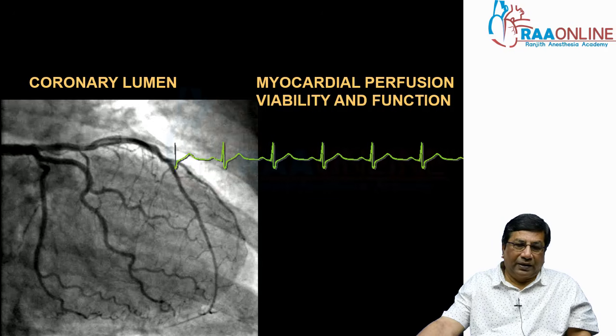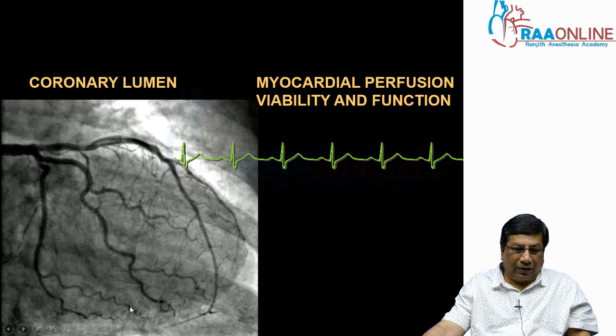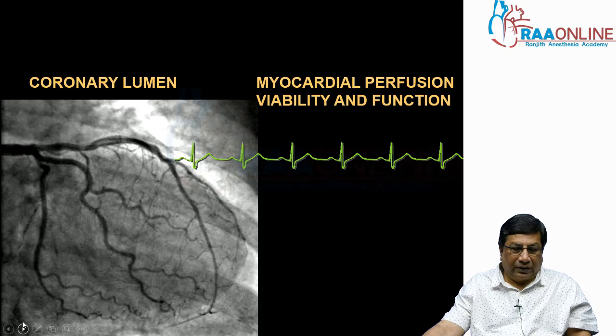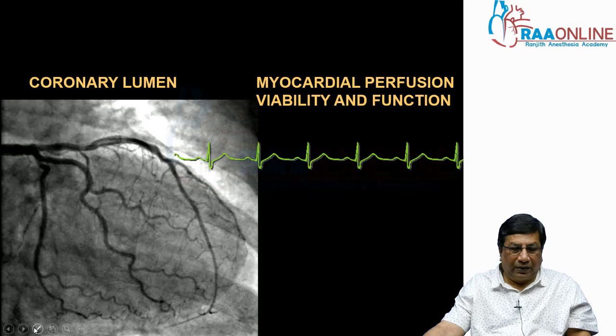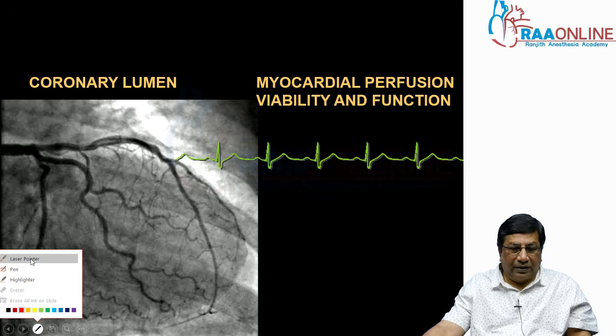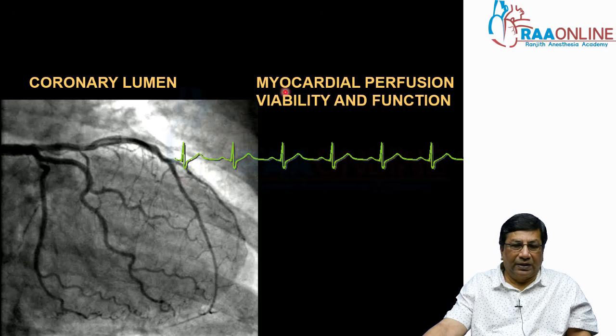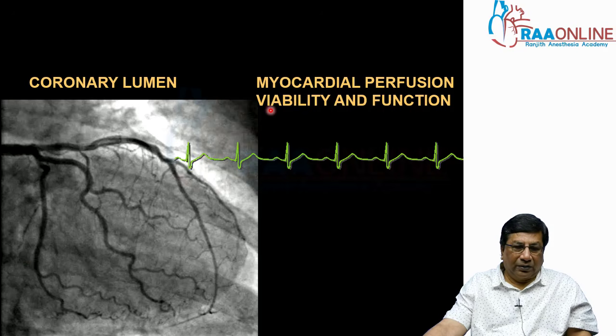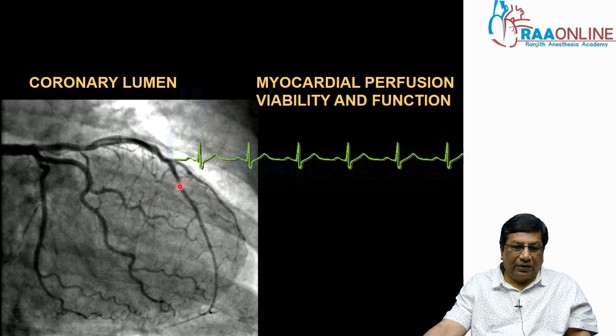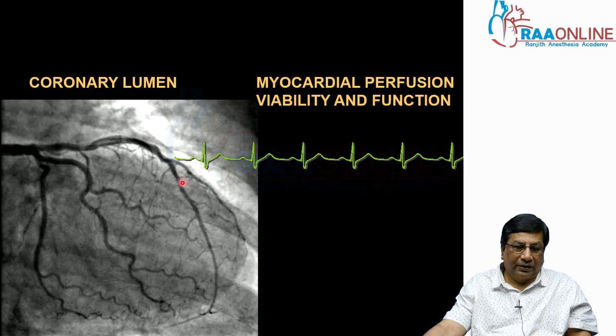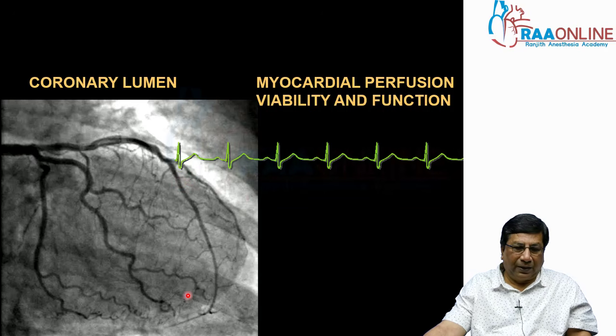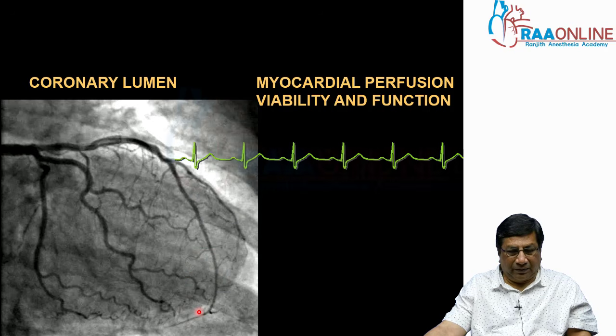The additional information you can get from the electrocardiogram apart from the coronary angiogram is the myocardial viability. The ECG tells you whether the myocardium is viable or not. So the coronary angiogram tells you there is a coronary obstruction, and the ECG alone tells you whether the myocardium supplied by this obstructed artery is healthy or scarred.